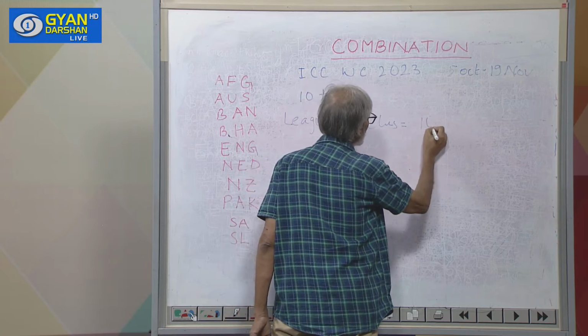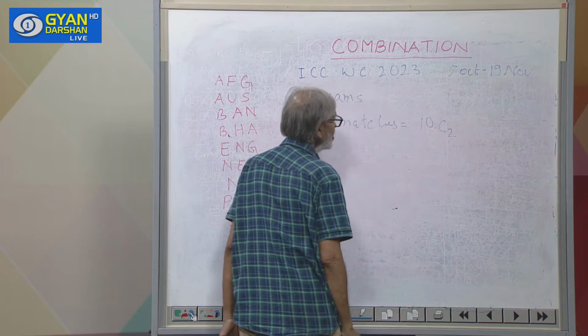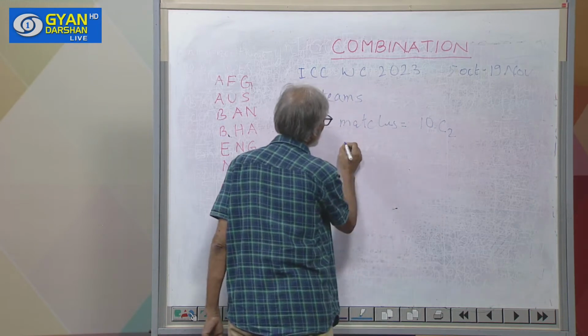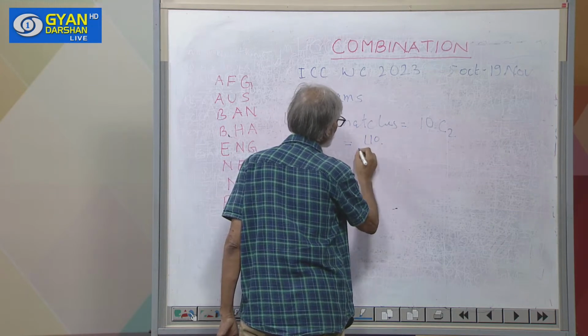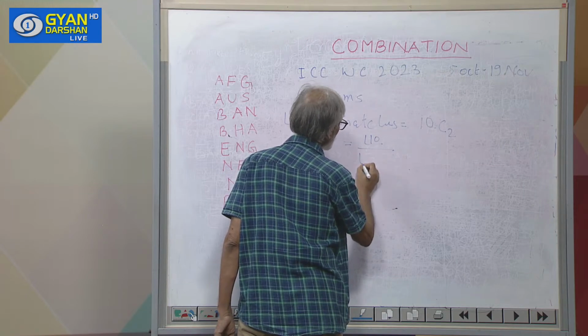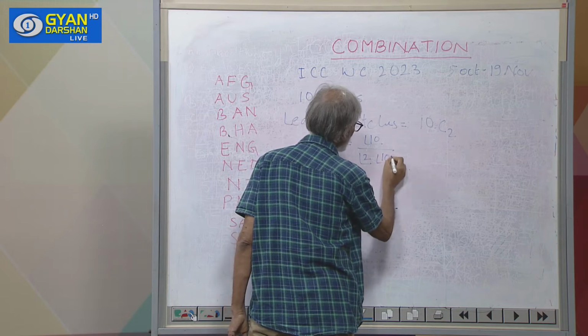Out of 10, a combination of 2 teams is to be made. So, it is 10C2. So, it will be equal to factorial 10 divided by factorial 2 into factorial 10 minus 2.